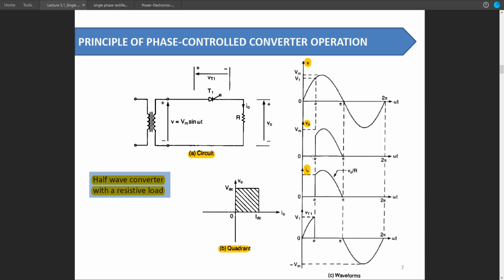So we will only get output for the positive half cycle, and since the thyristor can be controlled by a gate signal, the output voltage will start after the gate pulse. As it is a resistive load, both the waveforms of voltage and current will be similar, and as voltage and current are positive, it is in quadrant 1 operation, or it is a semi-converter.